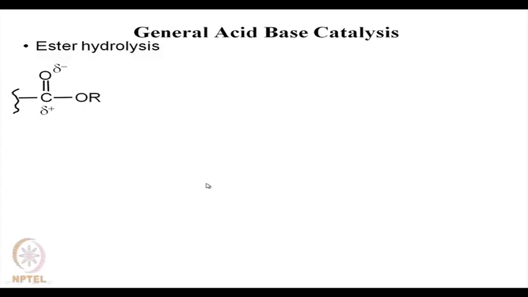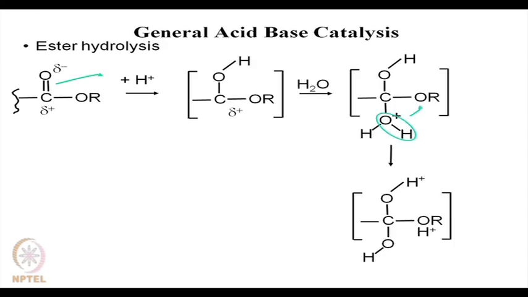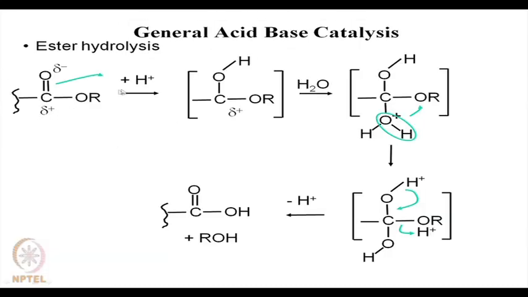Okay. So, a general acid base catalysis example is ester hydrolysis. You see another case, a simple chemical reaction: this H plus polarizes this bond, and then there is protonation, then water attacks, then this intermediate is formed, then this bond pair flows back so that this bond is cleaved.